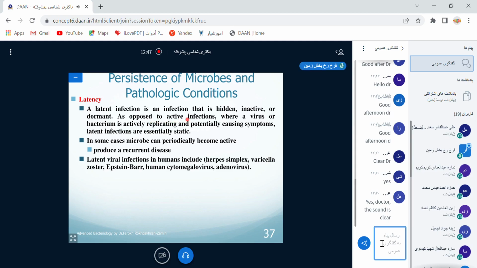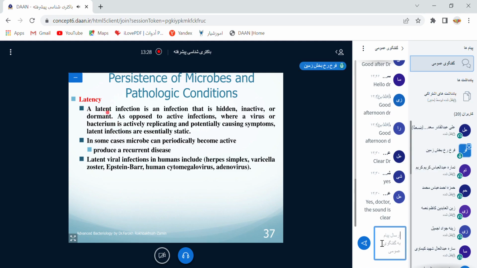But sometimes infections can show themselves as active infections, where a virus or bacterium is actively replicating and potentially causing symptoms. Latent infections are essentially static. Latent infection is not dynamic. They are in a static situation. In some cases, a microbe can periodically become active.